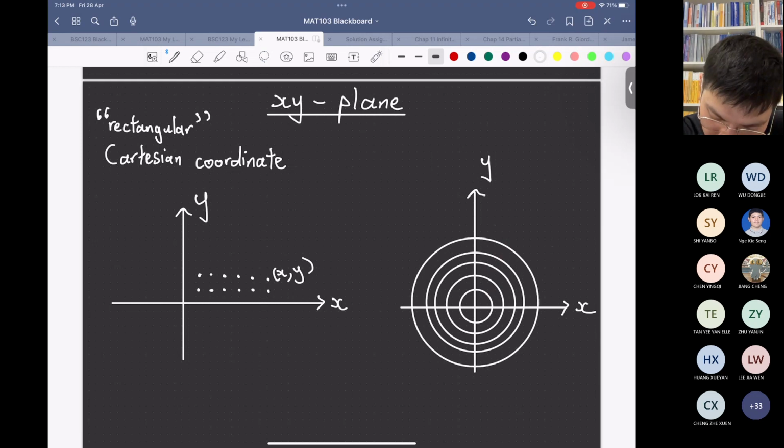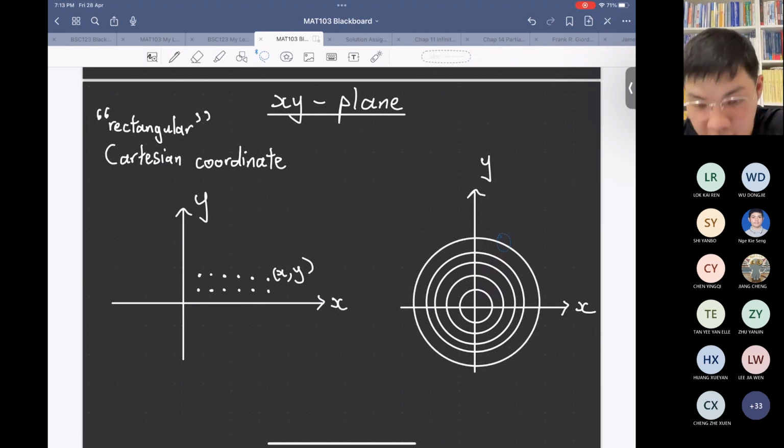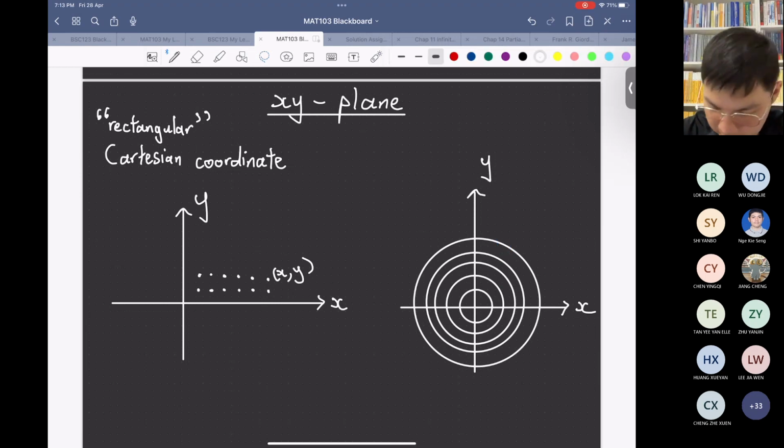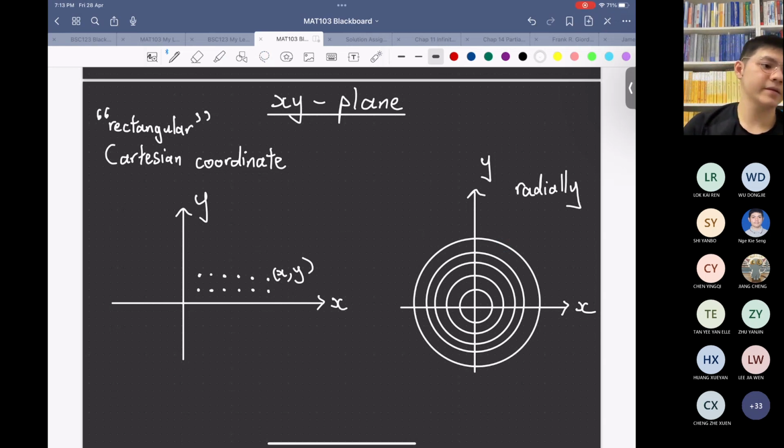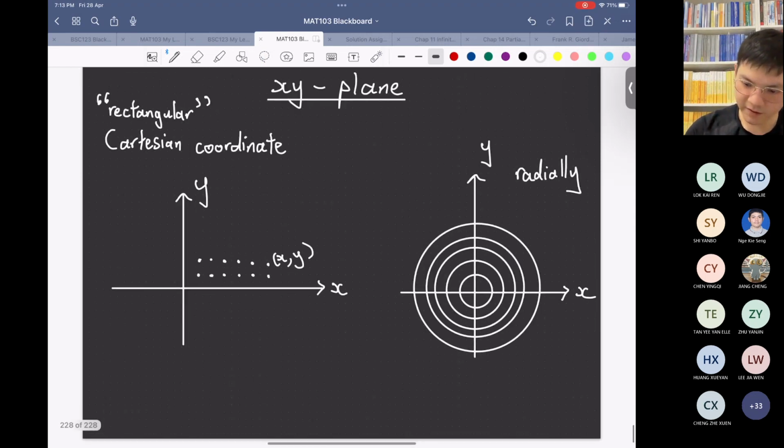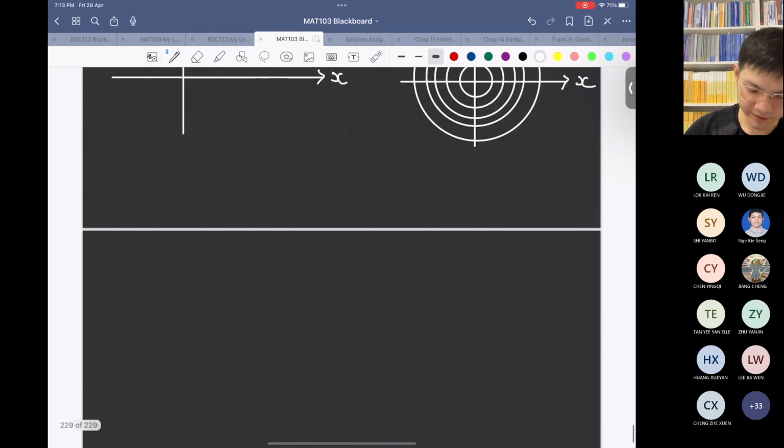Instead of going up, going down, going left, and going right, you can go radially. So for example, let me give you an example.